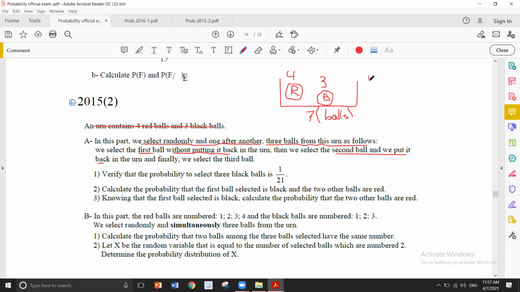The first, we don't replace, we keep it outside. The second, we put it back.